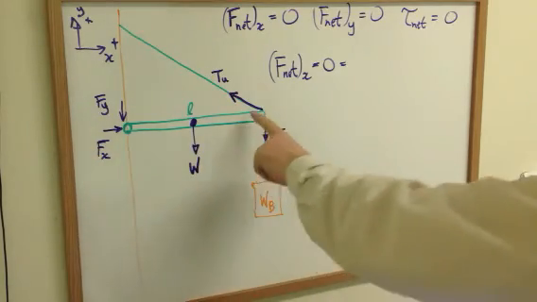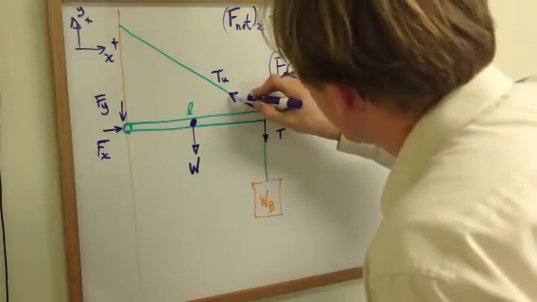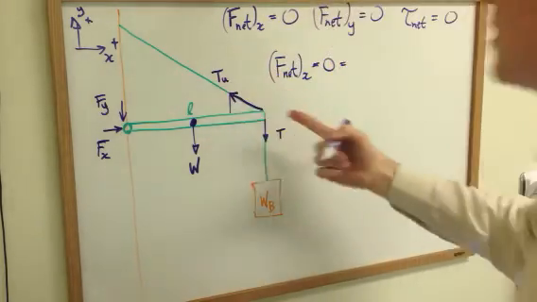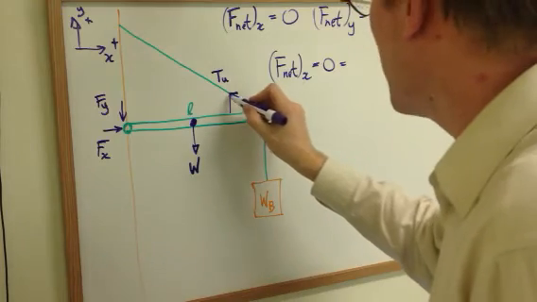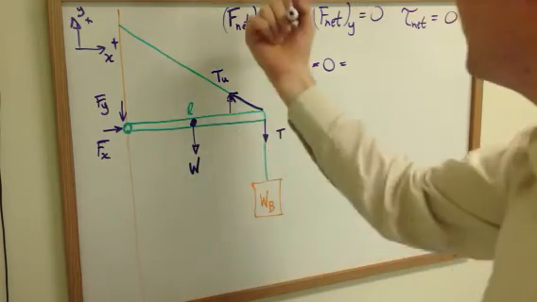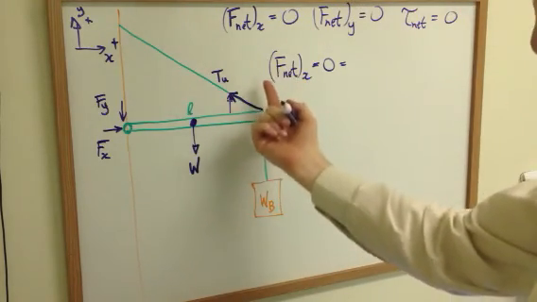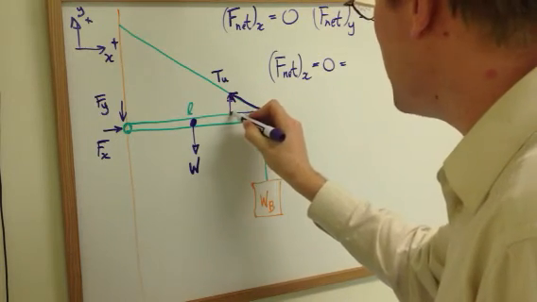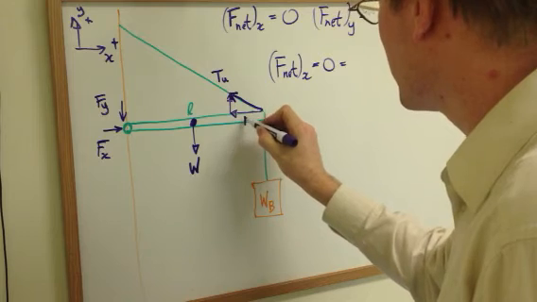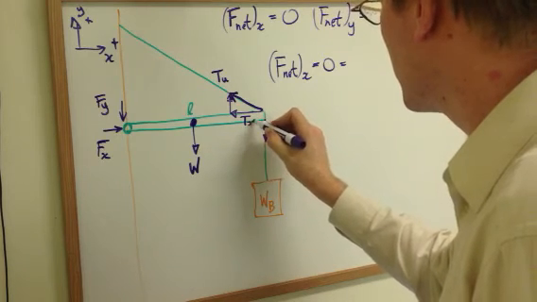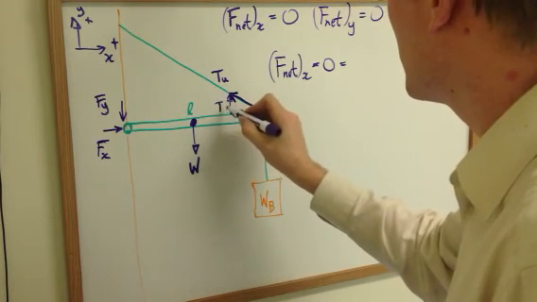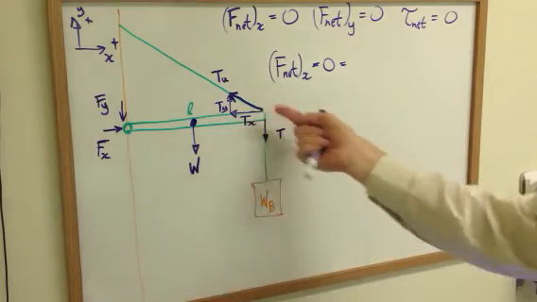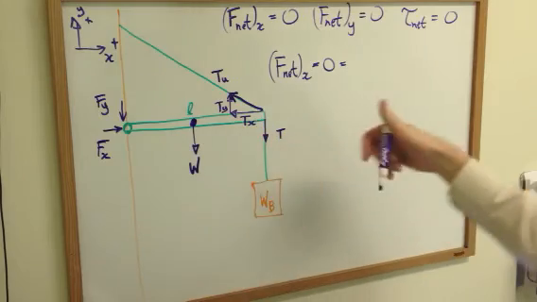I don't even know what direction that is, but I know for sure that this tension, as it's pulling up this wire, partially pulls up on the beam and partially pulls the beam towards the wall. So I certainly know this tension is pulling this beam inwards.